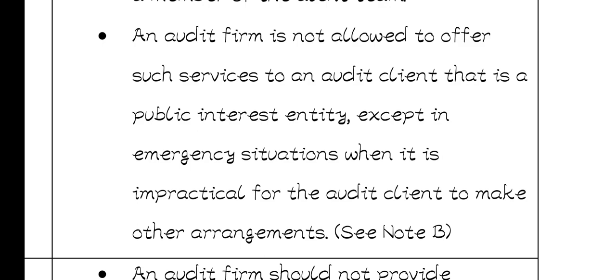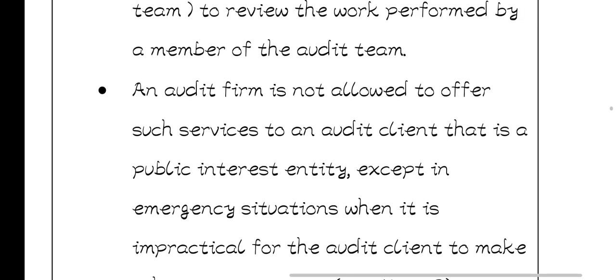And in Note B, we shall be seeing the emergency situations.